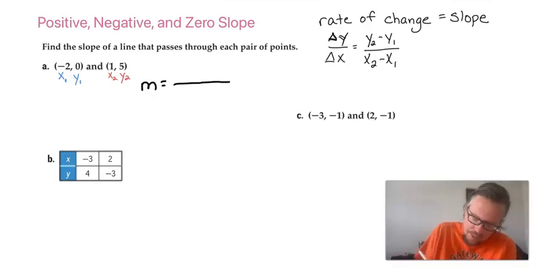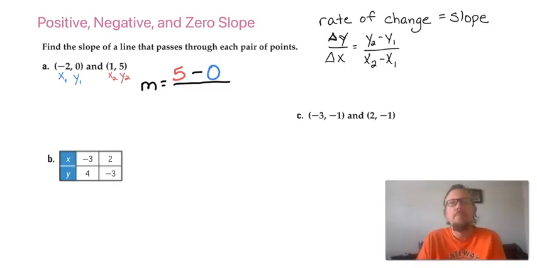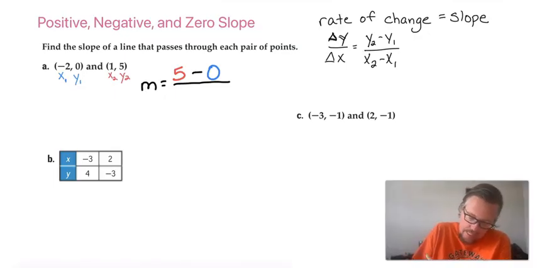So here's what we're going to do. On the top, we're going to do the change in y: y2, which was 5, minus y1, which is 0. And then on the bottom, we'll do change in x: x2 is 1, and our x1 was -2.